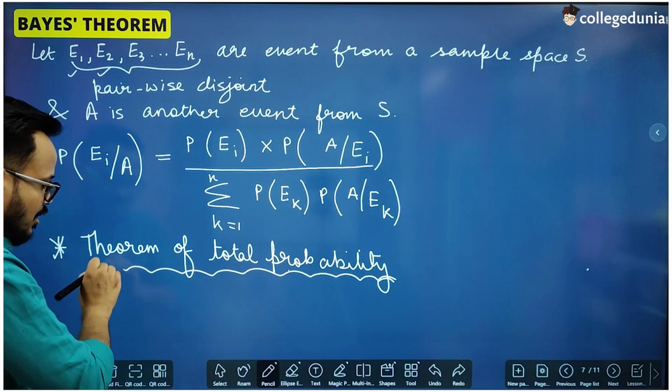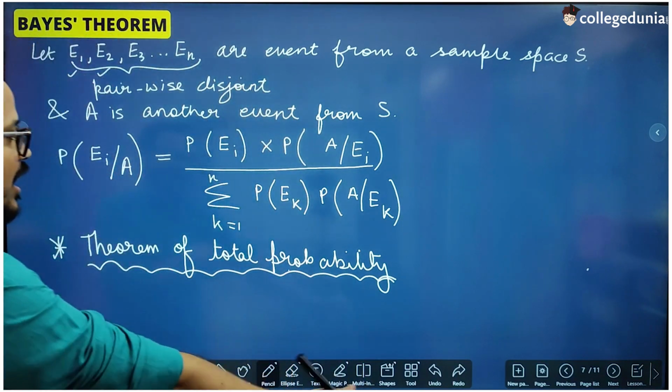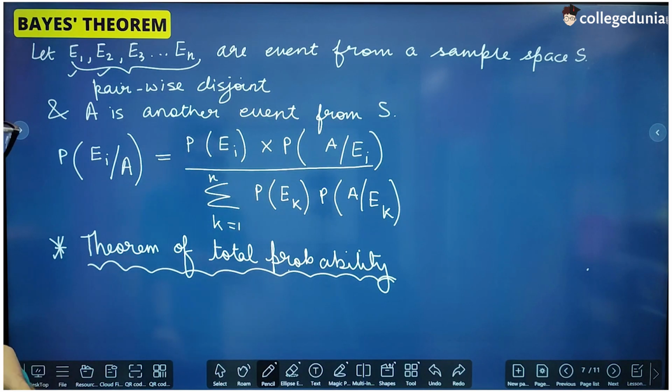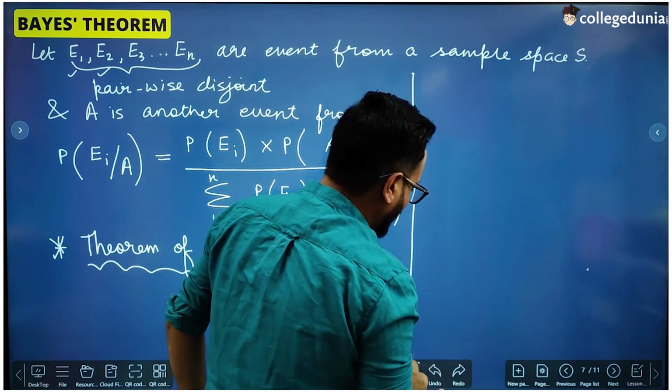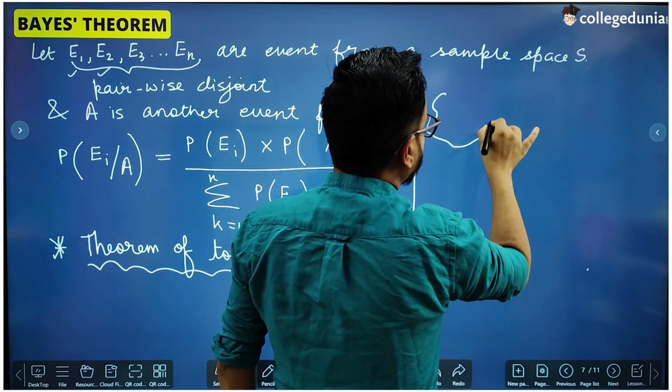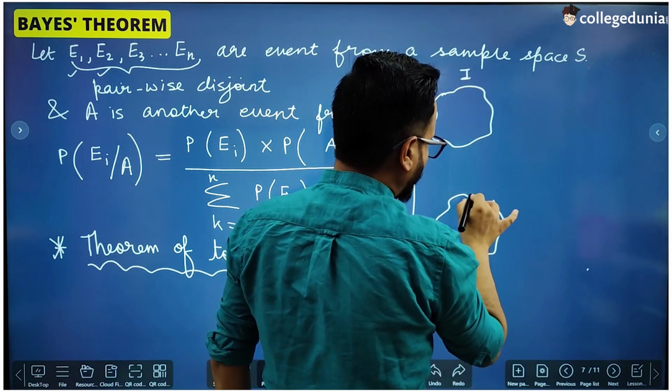Let us say we have to find the probability of drawing a red ball. Let us see a situation in which, suppose we have two bags, right? Bag 1 and bag 2.